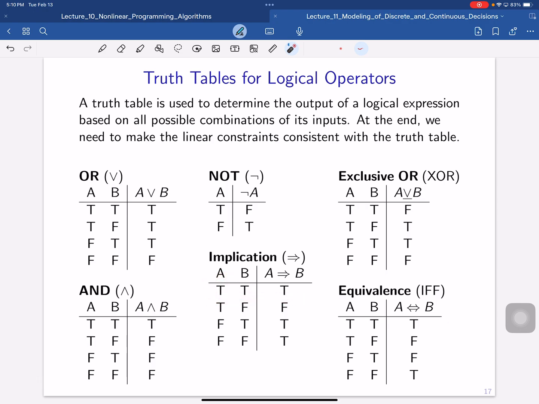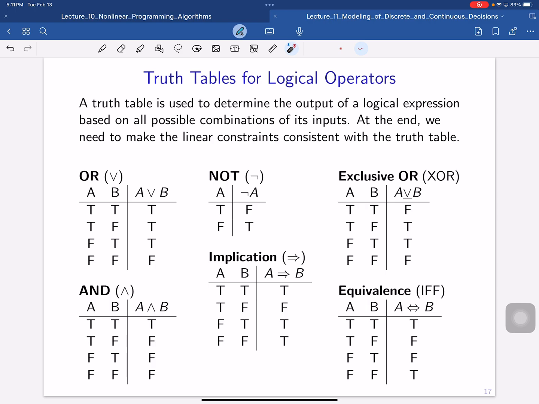But if A is true and B is false, then A implies B is false, because this implication operator means whenever A is true, B has to be true. So if A equals true and B equals false, then A implies B will be false.